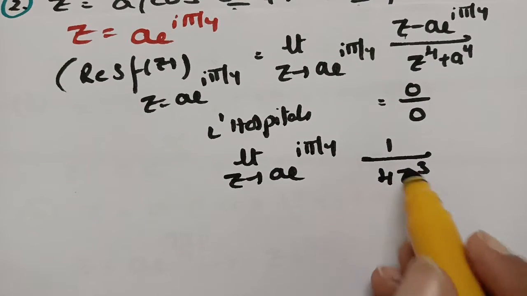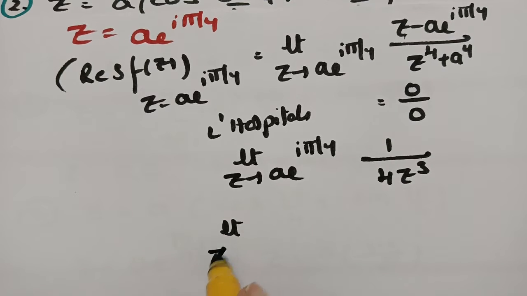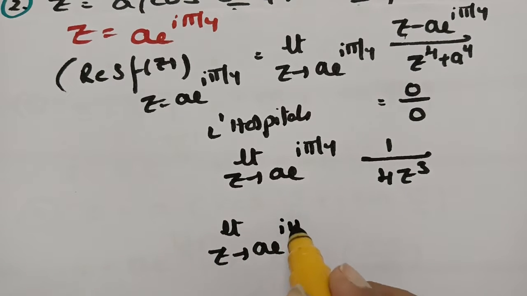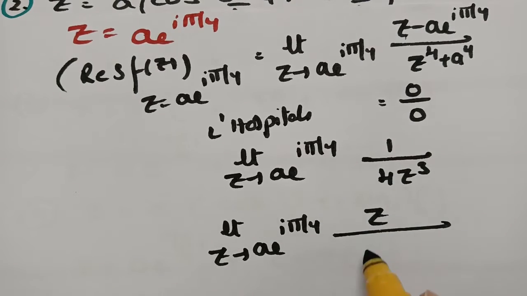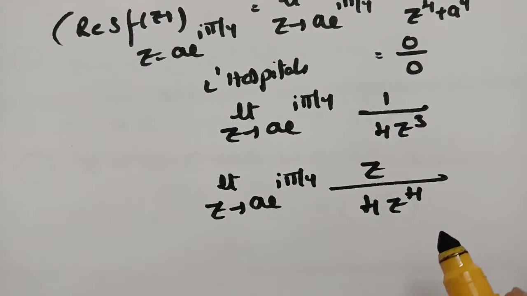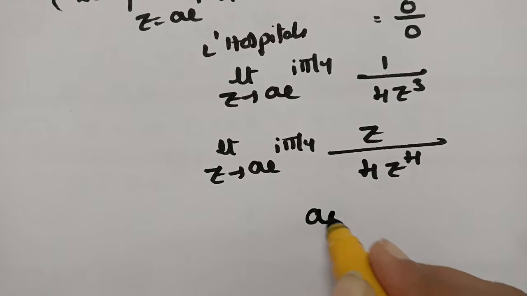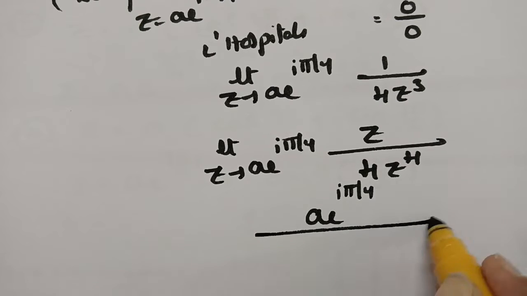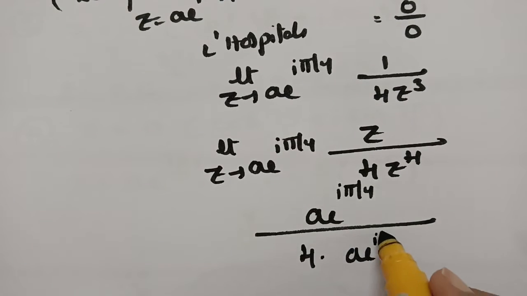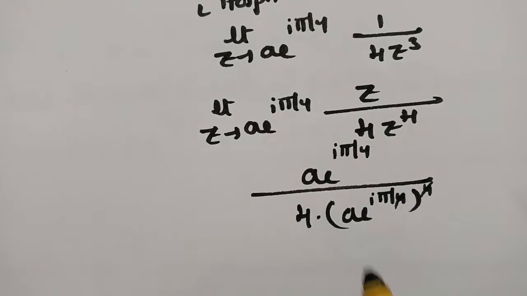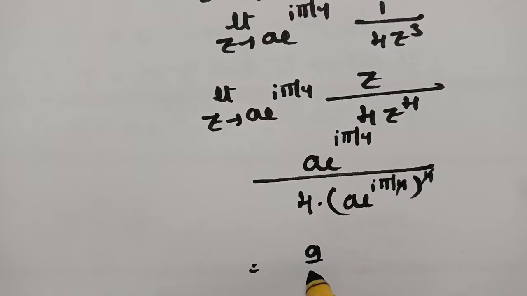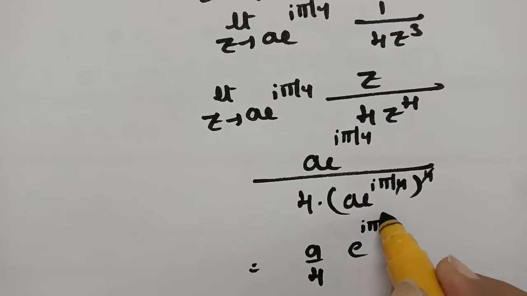I am going to multiply z on both the numerator and denominator, that is a e^(iπ/4), so we get 4z^4. Now I substitute the z value, which is a e^(iπ/4), so this is a e^(iπ/4) by 4 times (a e^(iπ/4))^4.